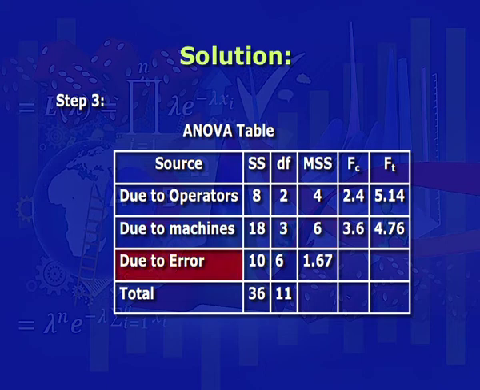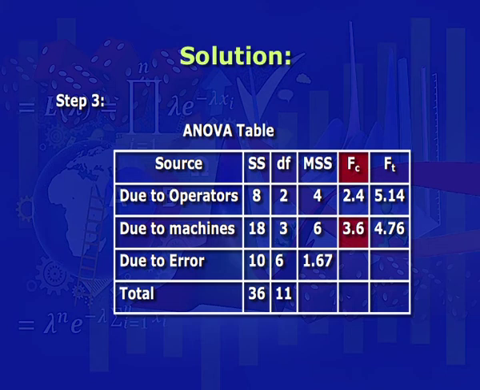And due to error, sum of square is 10, degrees of freedom is 6, therefore, mean sum of square is 10 divided by 6, which is 1.67. And now, we calculate the value of the test statistic, which is F calculated for operators, given by the value 4 divided by the mean error sum of square 1.67, which comes out 2.4.